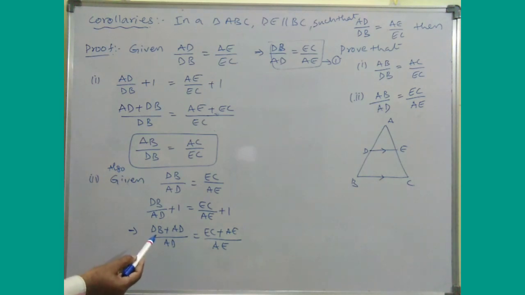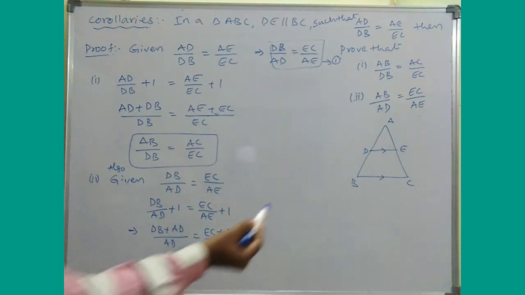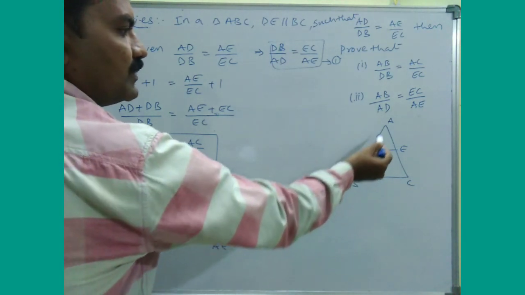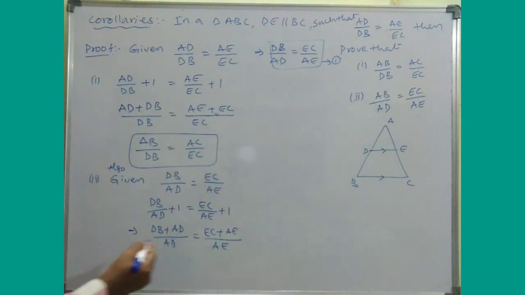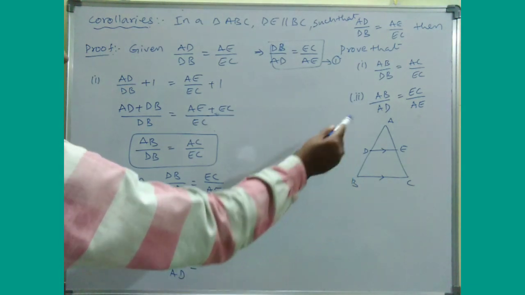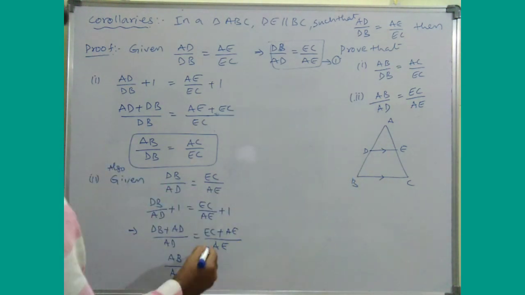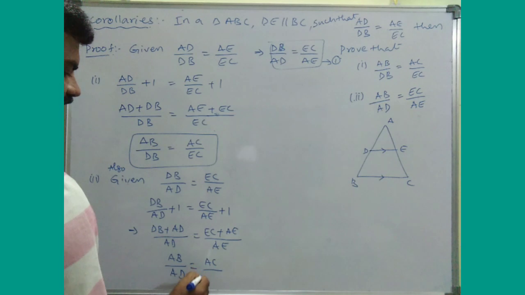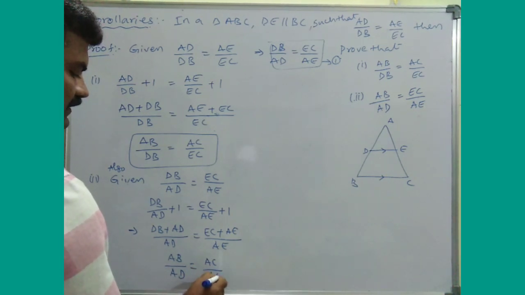Now what is DB plus AD? Again the whole length AB by AD. Again EC plus AE, the whole length, which is AC by AE.